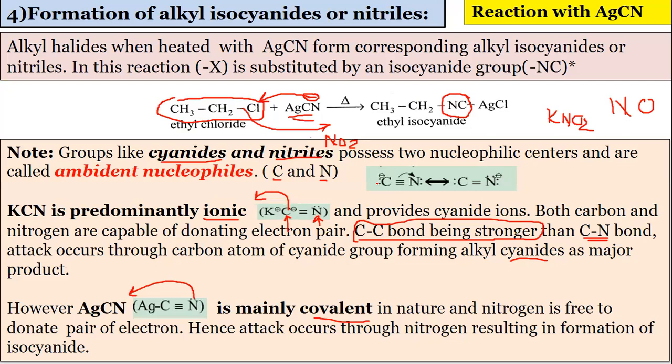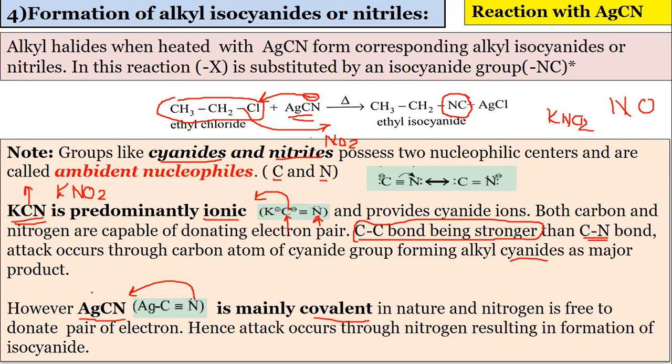It is given here, KCN. When KCN is used, the attack takes place through this carbon. Same when KNO2 is used, the attack takes place through oxygen, not nitrogen. The attack takes place with nitrogen when AgNO2 is used.